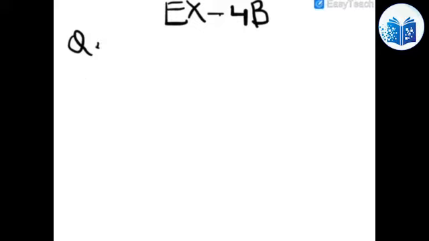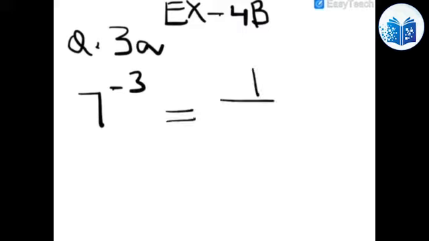In question number 3A, we have 7 power minus 3, which means we have 1 over 7 power 3. Right? To remove this inverse, to make the power value positive, we'll just put it in the denominator.